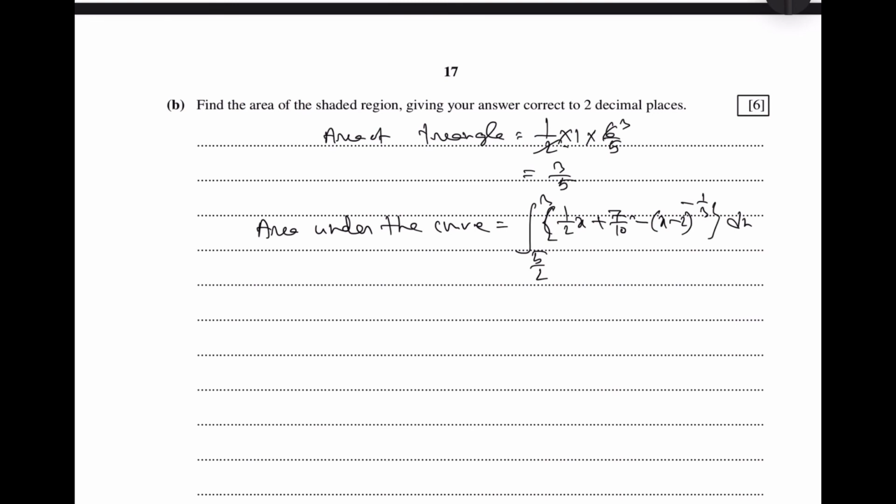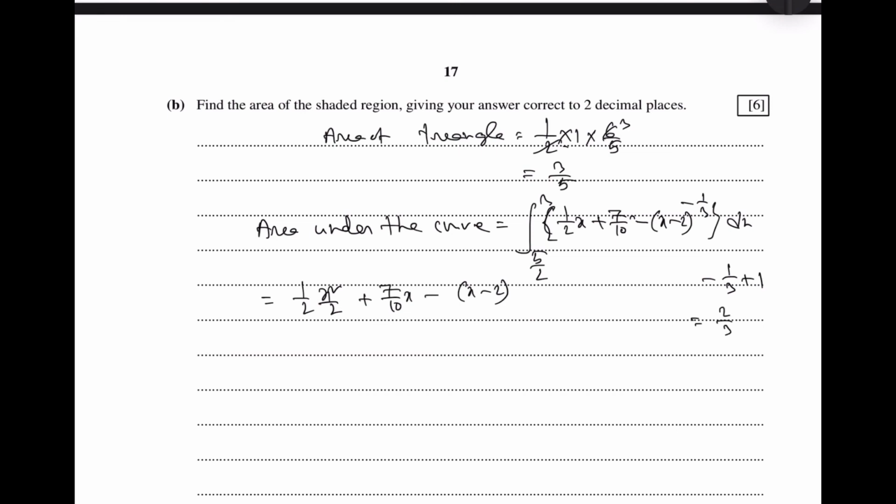If we integrate this, we get half x squared by 2 plus 7 by 10 x minus (x minus 2) to the power of minus 1 by 3 plus 1, so it becomes 2 by 3.